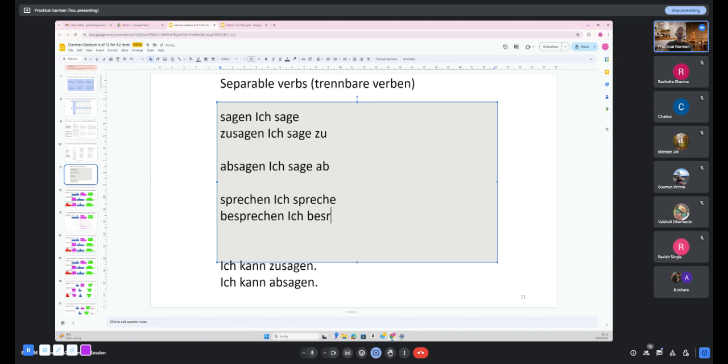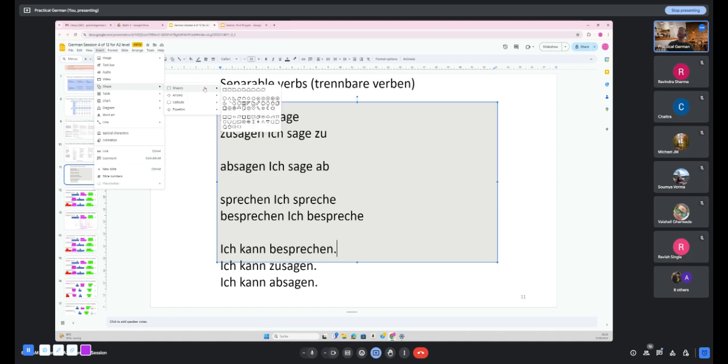You will not say ich spreche be, because it's not a separable prefix. Meaning it's not a separable or trennbare verb. Now, if I frame a sentence with a modal verb, I'll say ich kann besprechen.